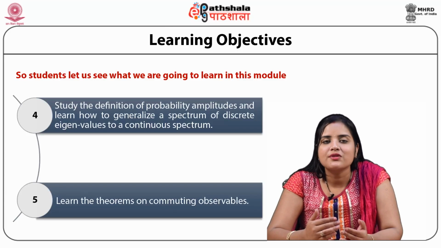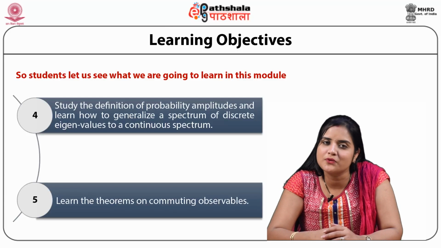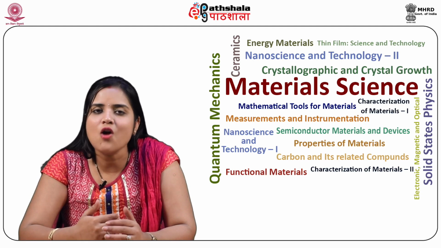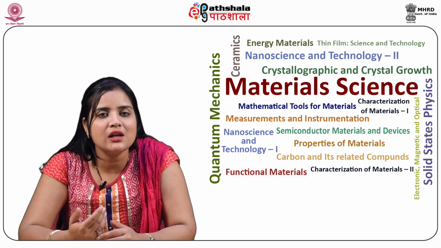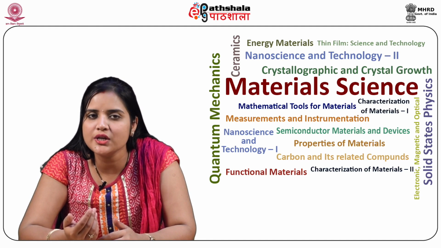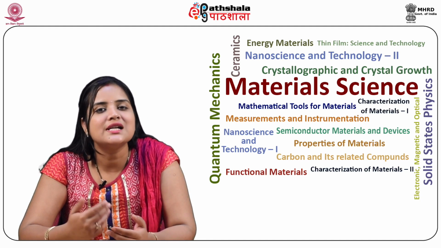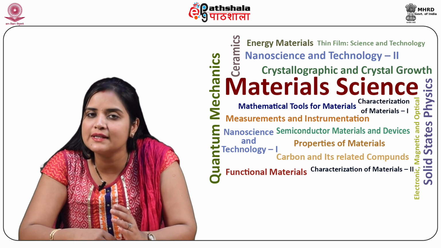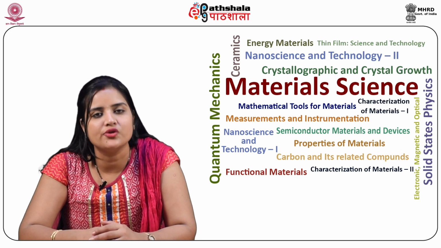We will learn the theorems on commuting observables. We shall now study in more detail the properties of the solutions of eigenvalue equations, generalizing the discussion of the specific cases studied in the earlier modules.